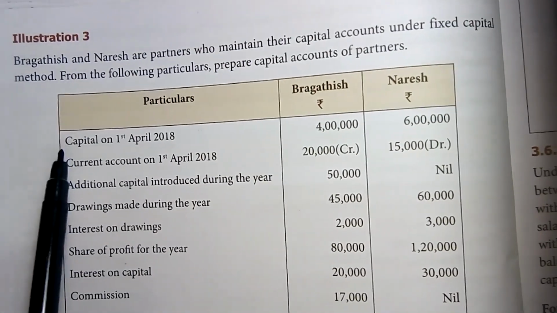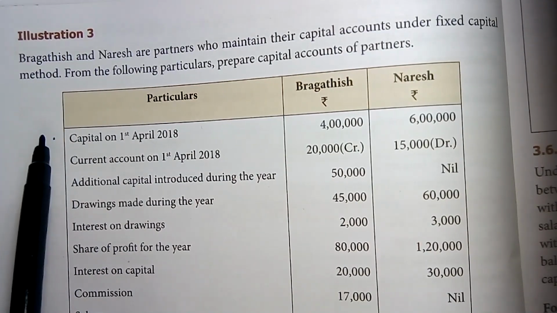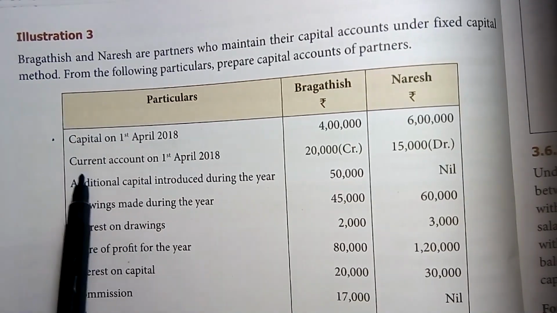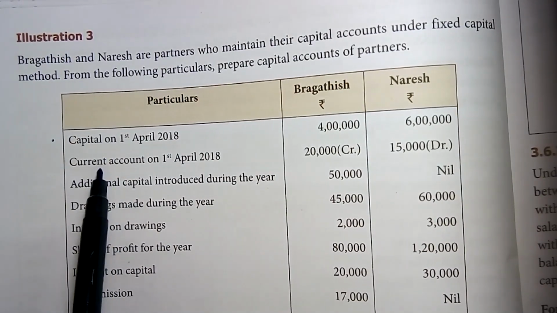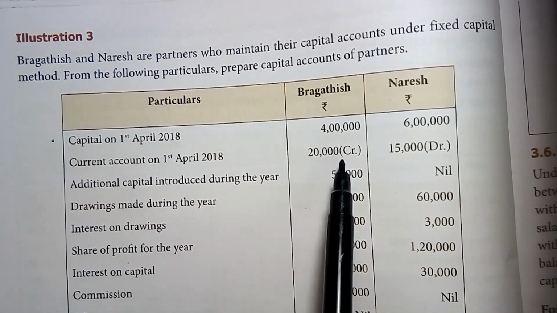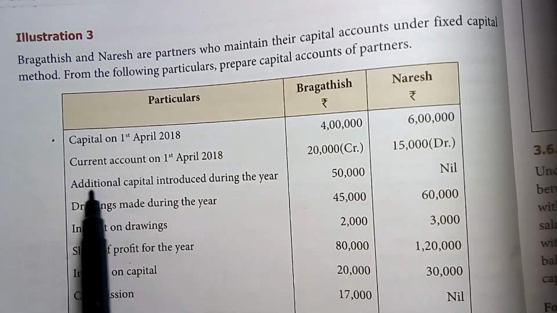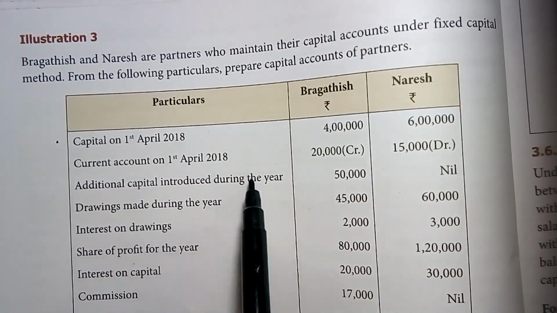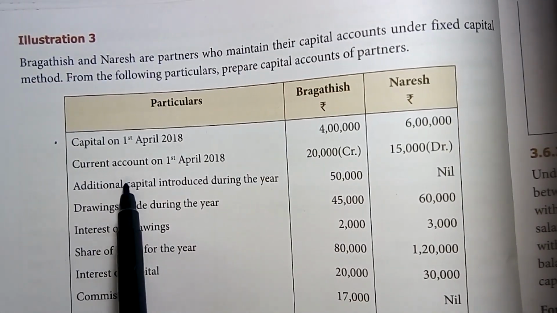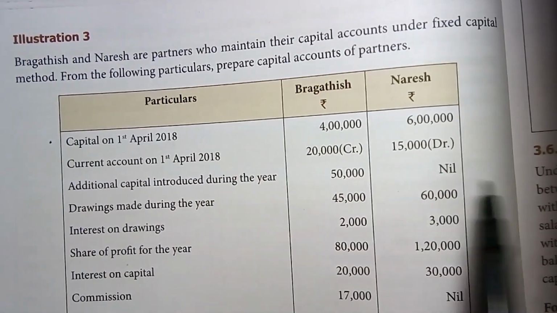So this is opening capital which will come under fixed capital method, that is partners capital account. Then you have current account. So this will come under partners current account. This is credit side. So it will go to the credit side and this amount for Naresh will come in the debit side. If it is an additional capital introduced during the year, so this again will go to the partners capital account for Pragatish, but for Naresh he will not enter anything.